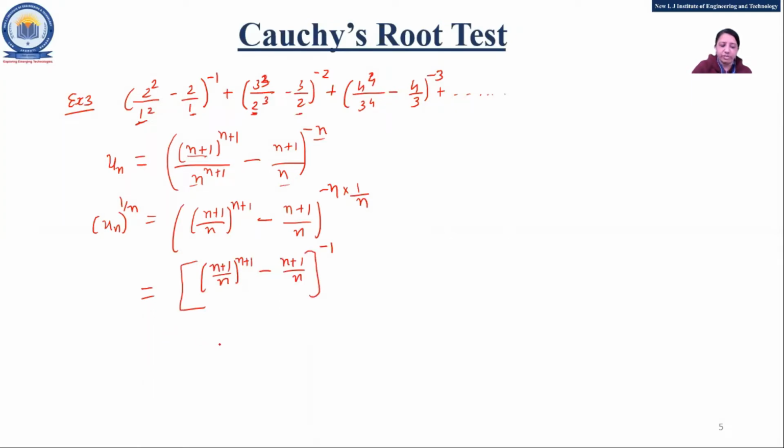Any doubt in this? Now simplify it, because we want to find the limit of this one. Or directly apply the limit on both sides: limit n tends to infinity un raised to 1 by n, same way limit n tends to infinity of this thing.